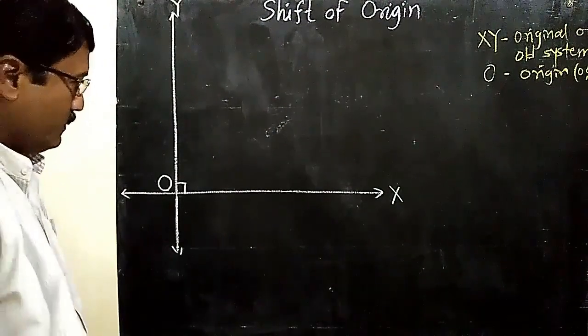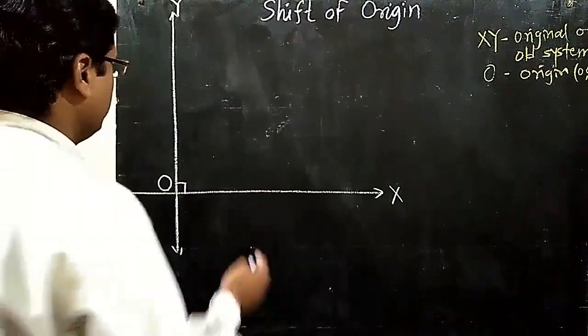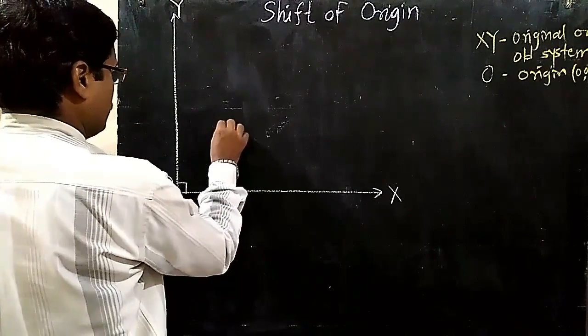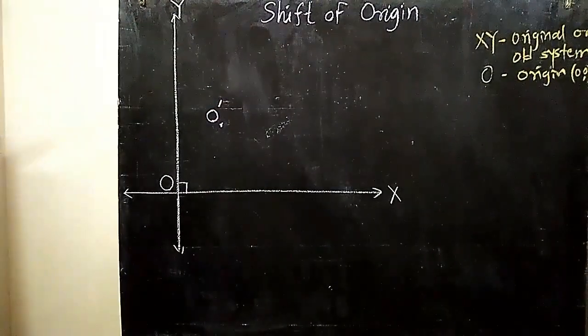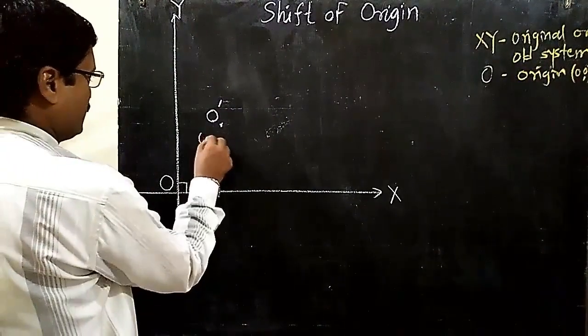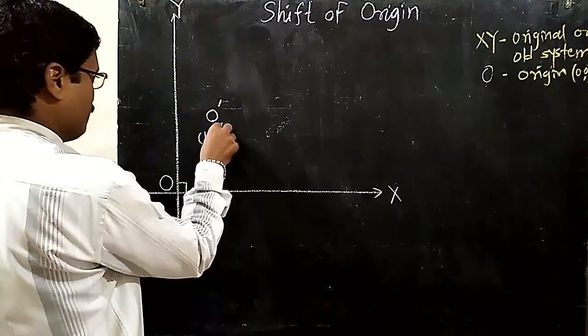Let us take O dash to be any point in this system here. O dash is a point in this system whose coordinates are nothing but HK.